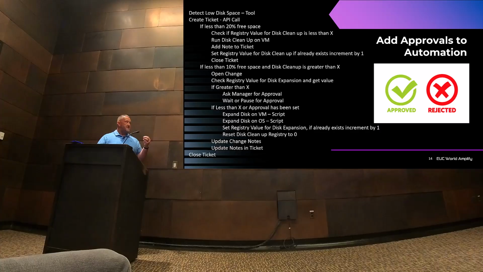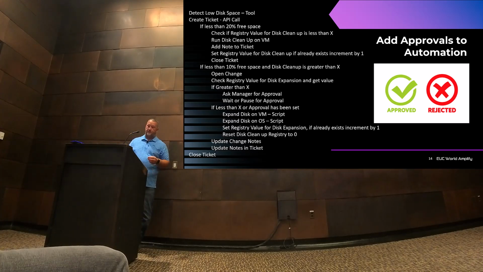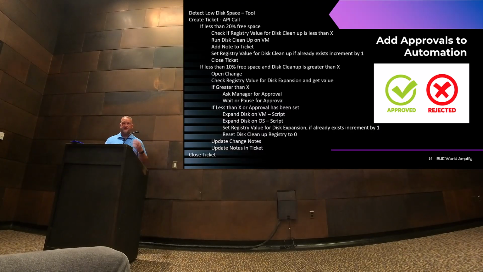A couple of the things I planned on going after next, because I didn't want to go completely into the scripted world, are like working through these. The disk expansion is just a simple example, but you could go through hung sessions.